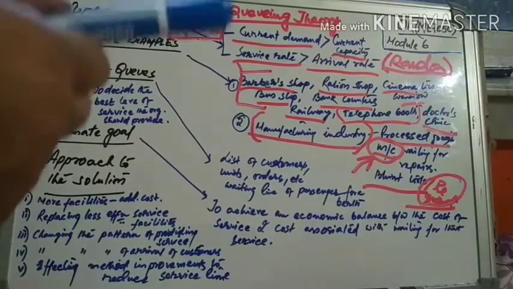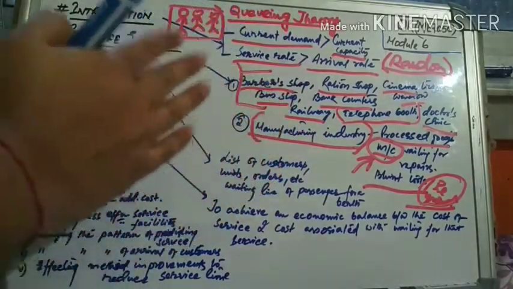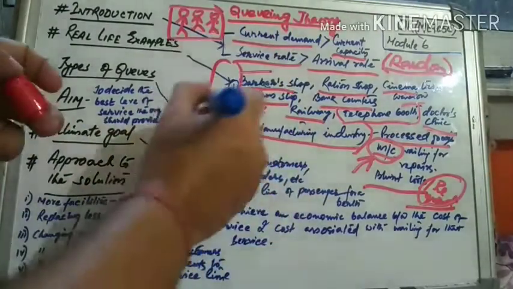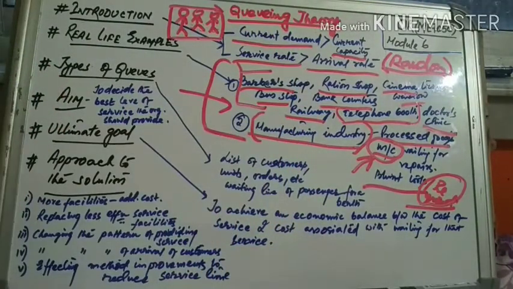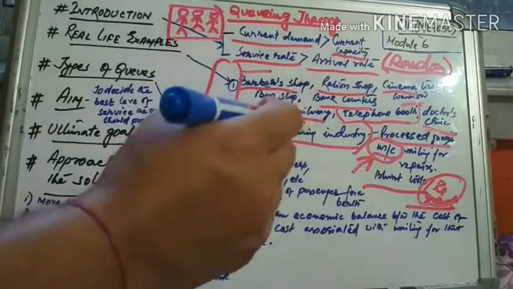So coming to the next part, what does this signify? What is the problem of these queues? The problem is that this may increase production cycle duration.